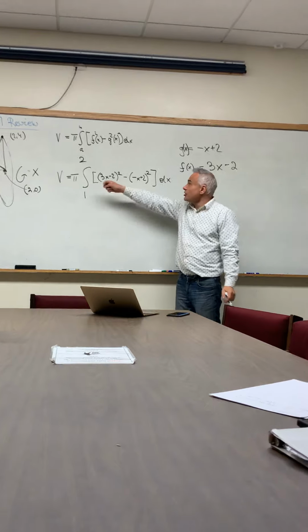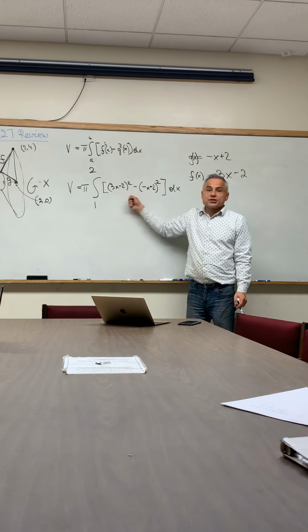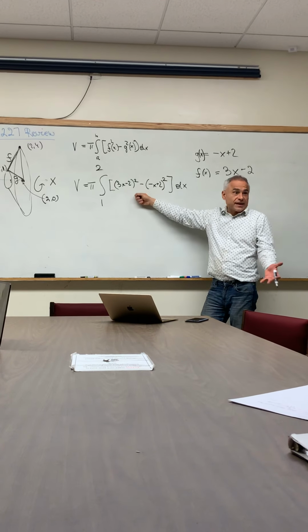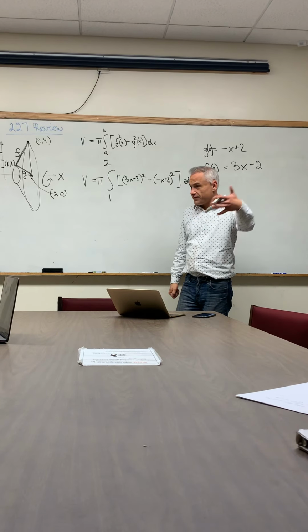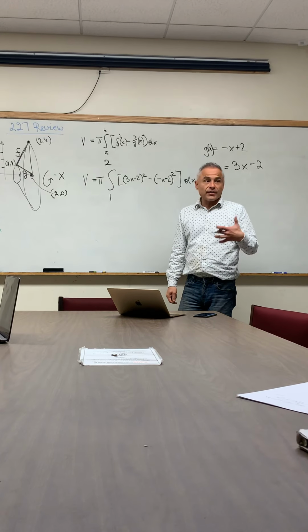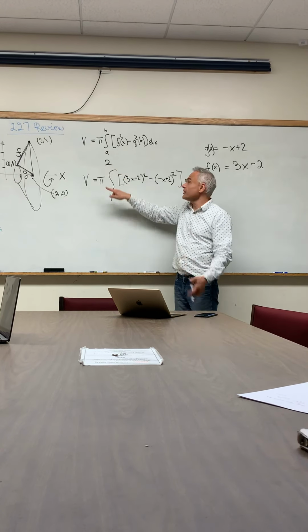To solve that integral, you would use quadratic formulas, and eventually you would get a polynomial, so the integral would be an antiderivative. It would be some kind of cubic polynomial. And then you evaluate that polynomial at 2 minus that polynomial at 1.